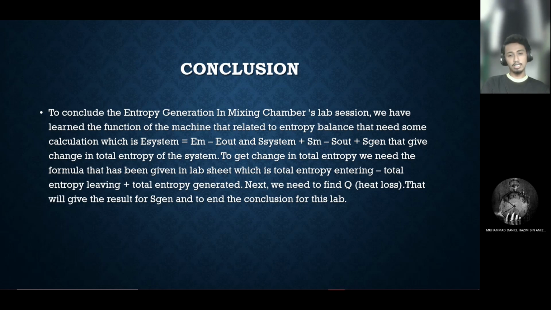To get the change in total entropy, we need the formula given in the lab sheet: total entropy entering minus total entropy leaving plus total entropy generated. Next, we need to find Q, the heat loss, which gives the result for SGen, and that ends the conclusion for this slide.